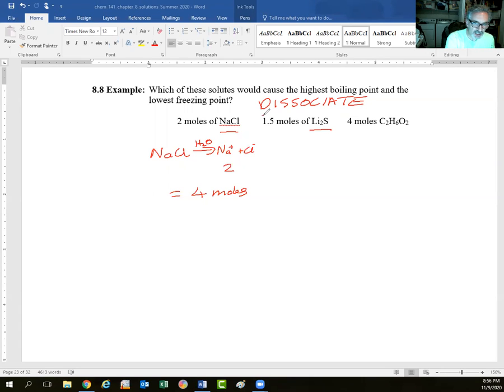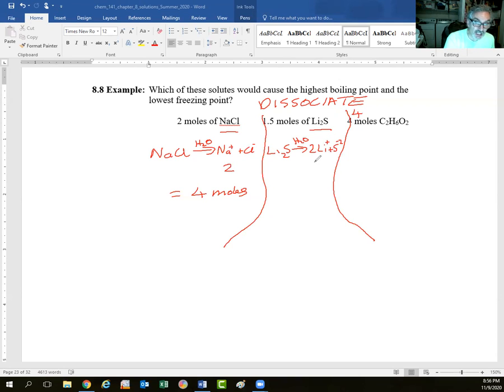If we look at our second one, that's the lithium sulfide. Excuse me as I crudely try and separate them here. Lithium sulfide is also ionic. Lithium sulfide breaks up in water to produce lithium ions and sulfide ions. 2 moles of lithium ions, 1 mole of sulfide.